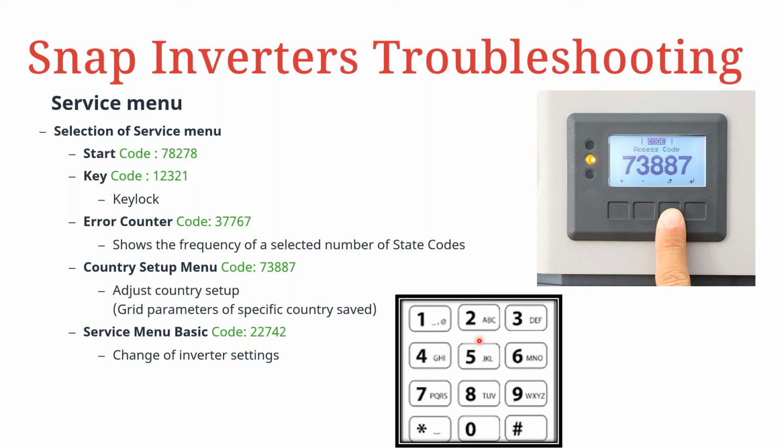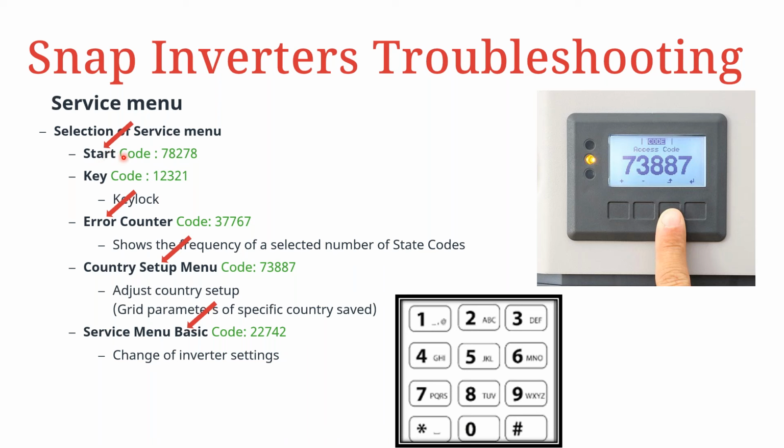Once you have your keypad, you need to know the keywords in these error code descriptions. By keyword, I mean start for the start code, error for the error counter, setup for the country setup menu, and basic for the service menu basic code. So these are the keywords.